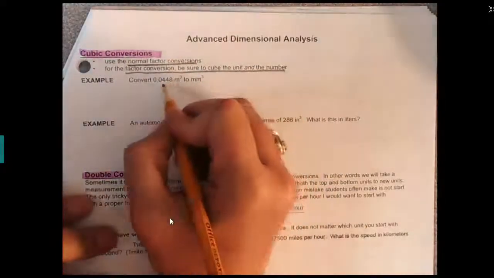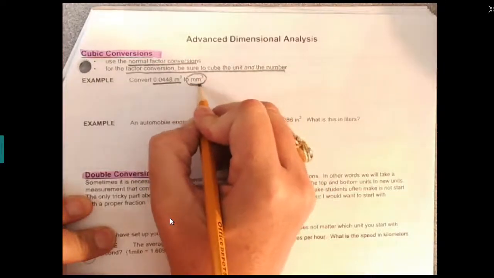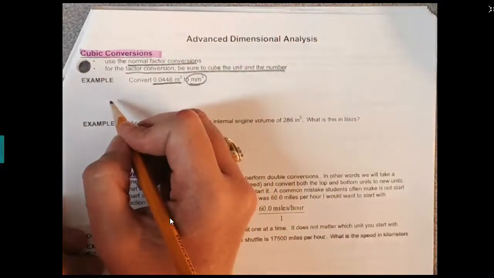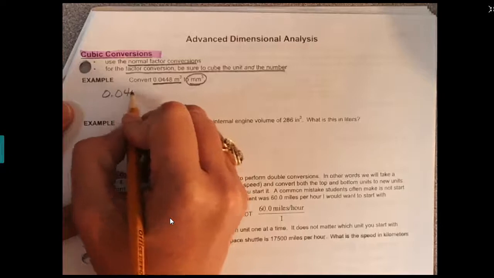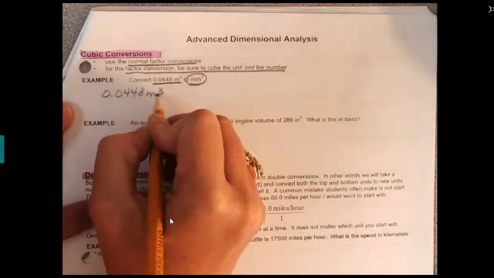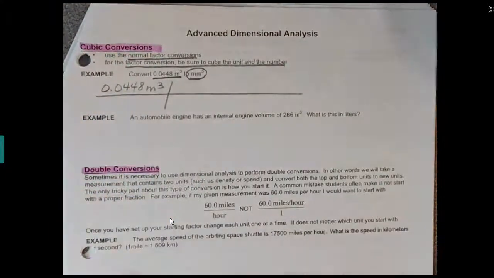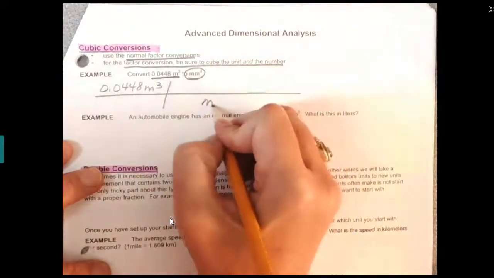So, we're going to convert 0.0448 meters cubed to millimeters cubed. Okay? We start by writing the given, 0.0448 meters cubed. Okay? Let's stop for a second and just ignore the cube for a second. The words on the top are meter.